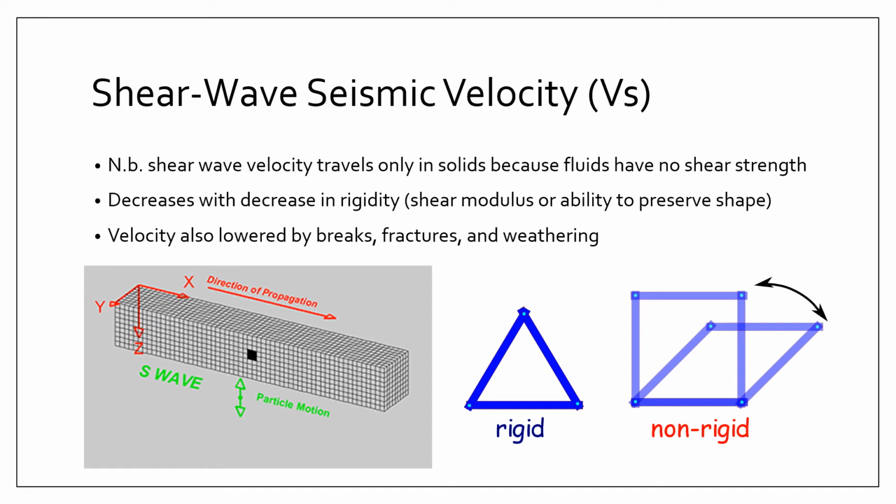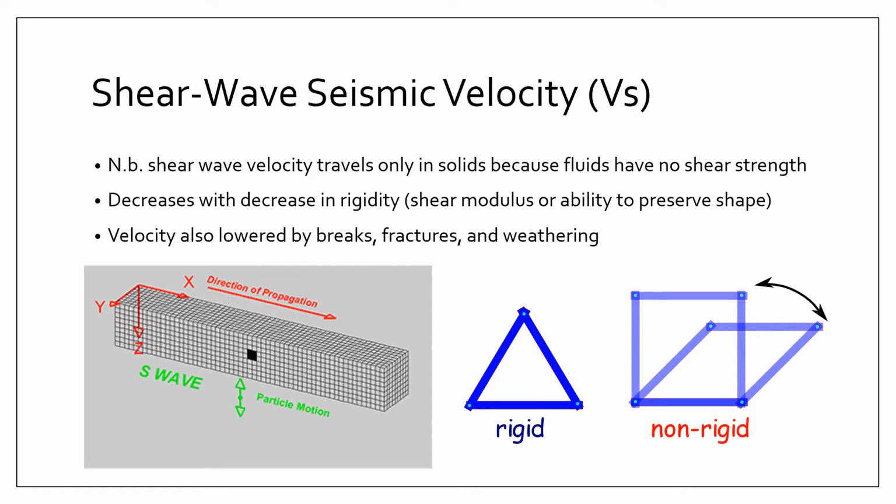Now, what is shear wave seismic velocity? It is essentially a property that increases with the rigidity of your material, or in other words, shear modulus. Now, what is shear modulus? Shear modulus is the ability of your material to preserve its own shape, or the resistance of your material to changes in its shape.